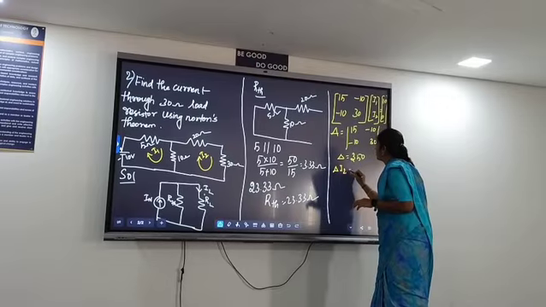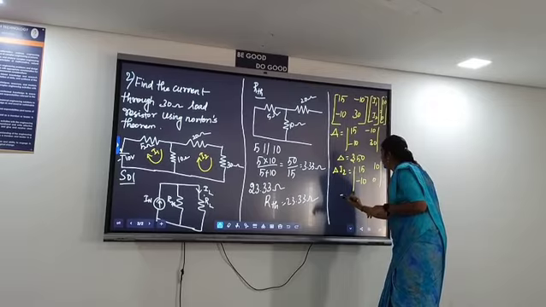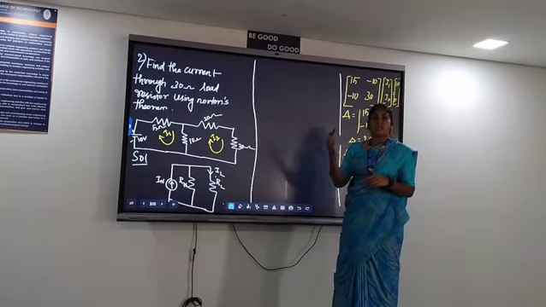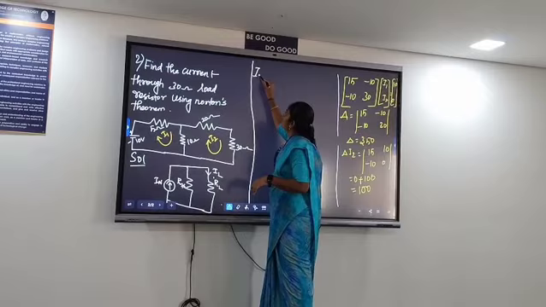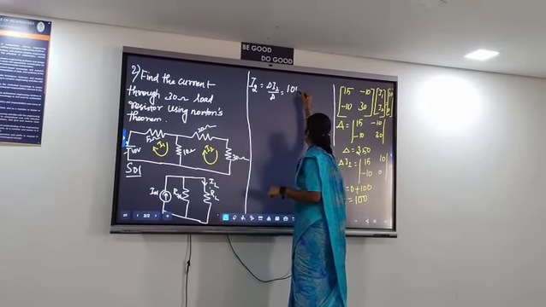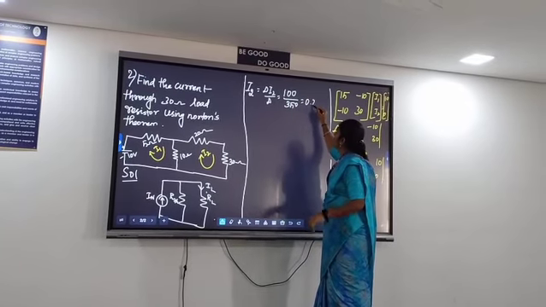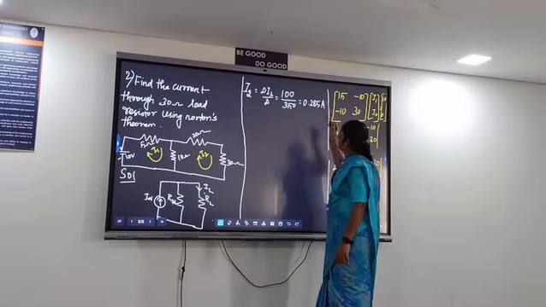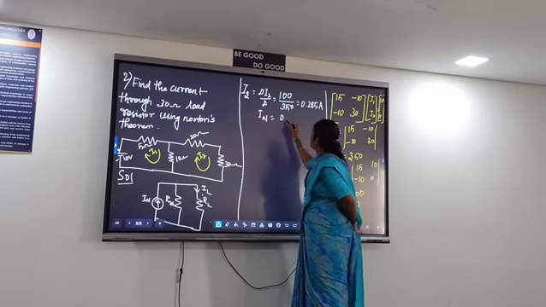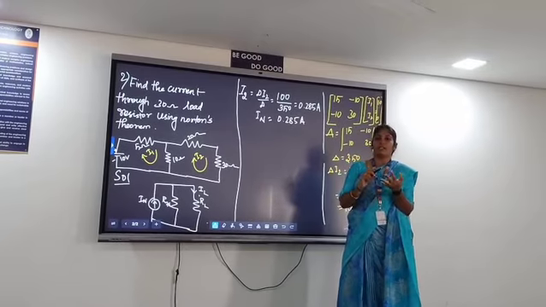Del I2 is 15 times 0 minus 10 times 10, which gives 100 in magnitude. So I2 is del I2 by del, which is 100 divided by 350, equal to 0.285 ampere. I2 is nothing but the IN value, so IN becomes 0.285 ampere. So far we have found the values of RTH and IN.